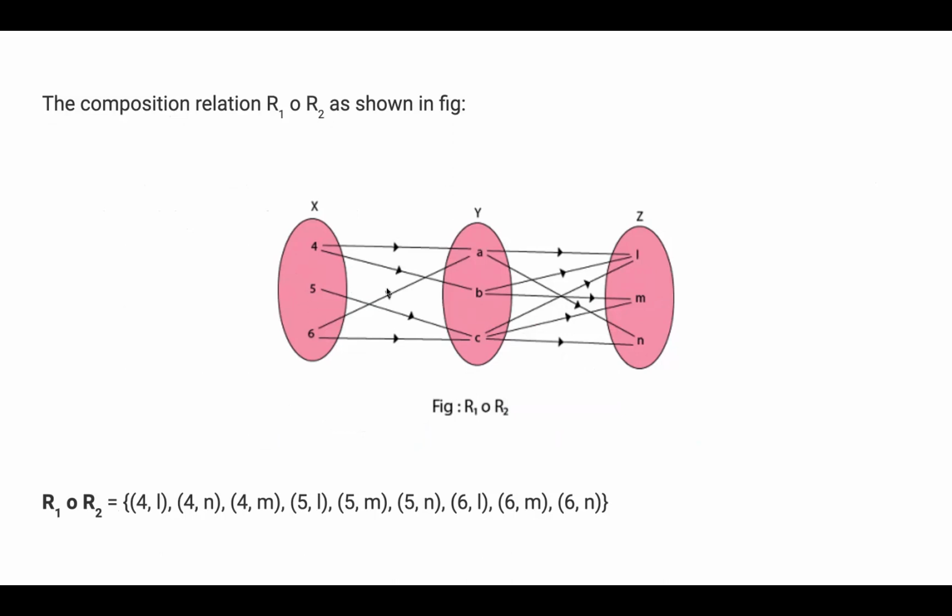Same like 5 to c to l is there. So 5l will be there, 5m will be there, and 5n is also there. Then from 6, what are they? 6 to a to l, and 6 to a to n. So 6l and 6n will be there.